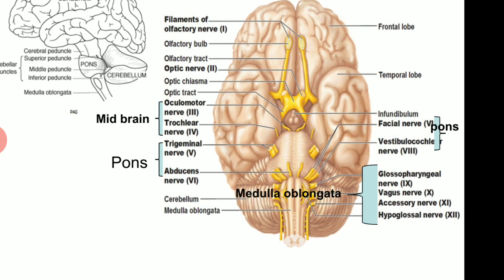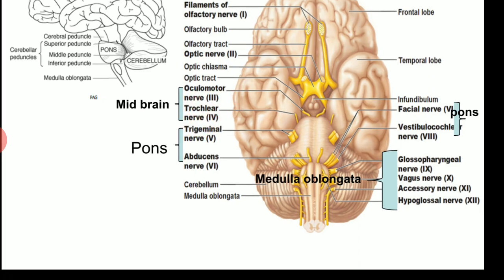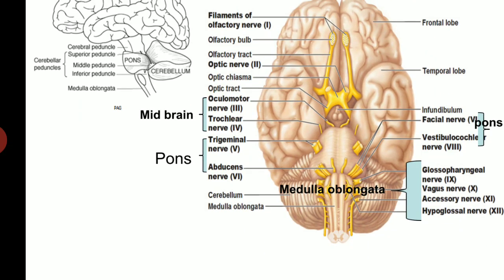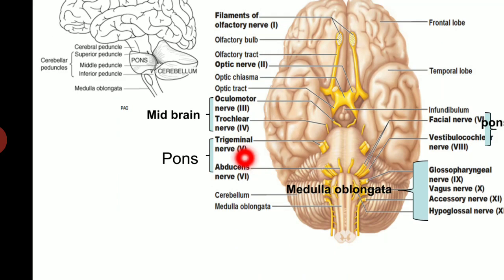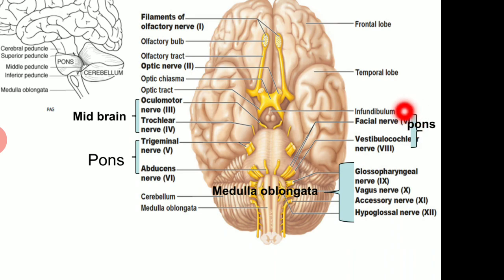Then you can see here from the midbrain there is origin of third, fourth, meaning oculomotor and trochlear. Then from the pons there is origin of fifth, sixth, facial, which is seventh, and eighth cranial nerve.